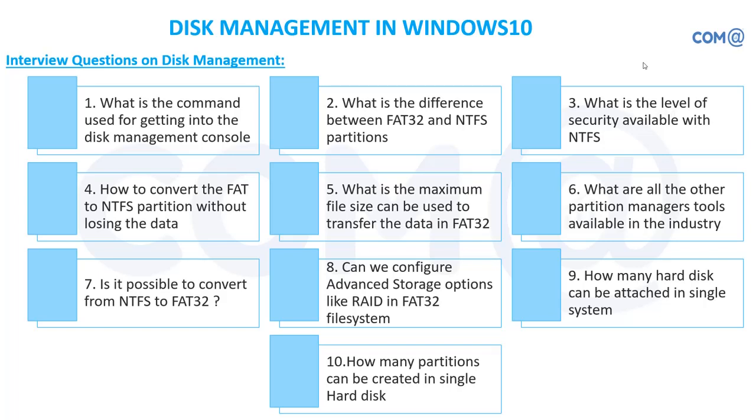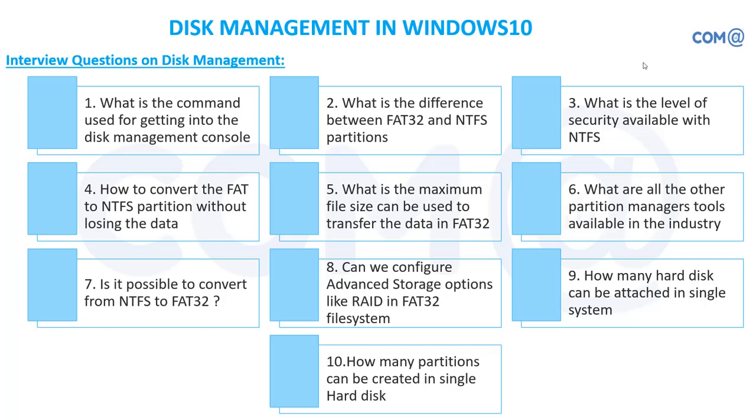How to convert FAT to NTFS partition without losing the data? That is by running the convert command. Second question, what is the difference between FAT32 and NTFS? We just saw the partition differences. Which is more secure? FAT32 is available but not secured.